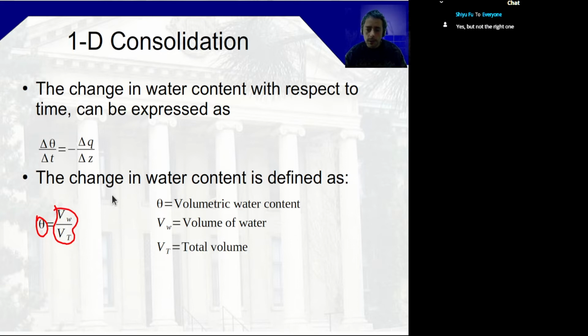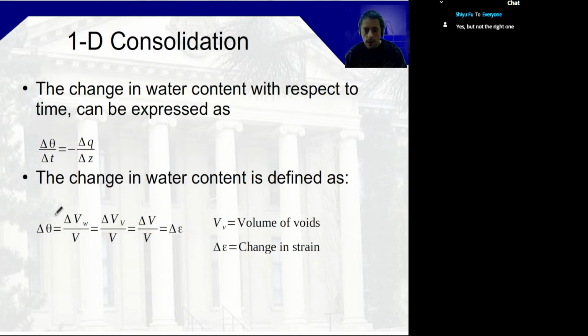Okay, so that's one thing that we know from basic soil mechanics. And so what is the change in water content? The change in water content is equal to the change in water volume over total volume.